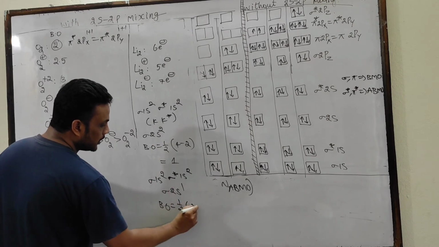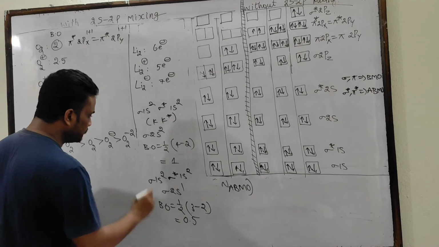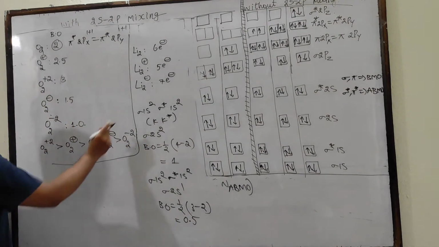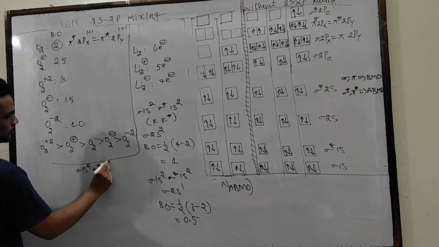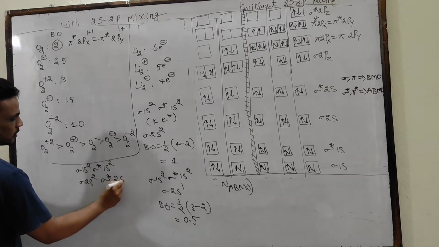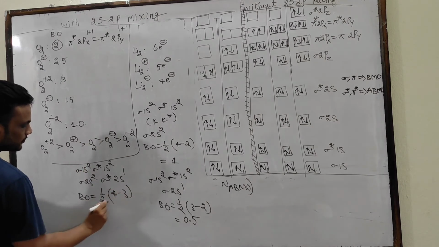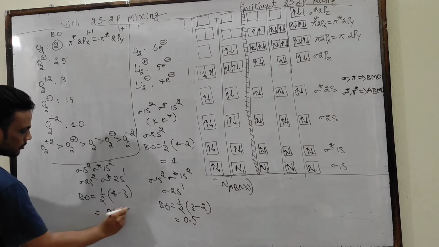Half into 3 minus 2, that is 0.5. And for 7 electrons, we have sigma star 2s1. What is the bond order now? Half into 4 minus 3: 4 BMO, 3 ABMO, so 1 by 2, that is 0.5.